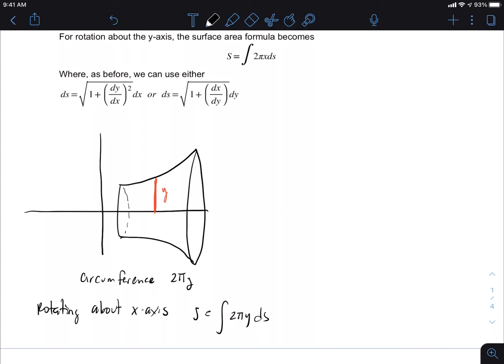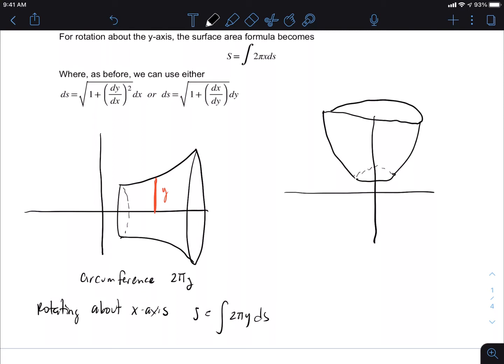Okay? If we have a picture that looks like this, ooh, that's terrible. That's a terrible drawing. Forgive me.